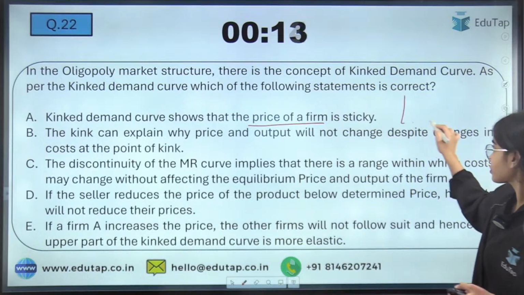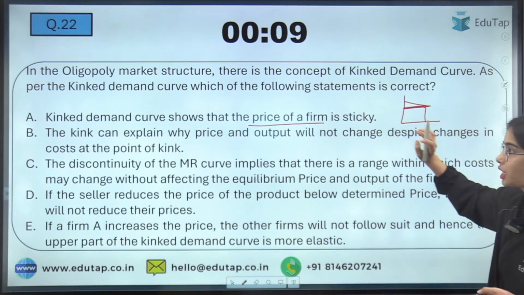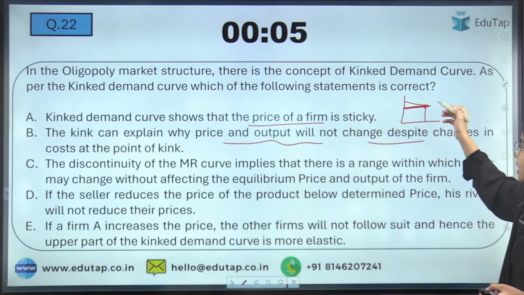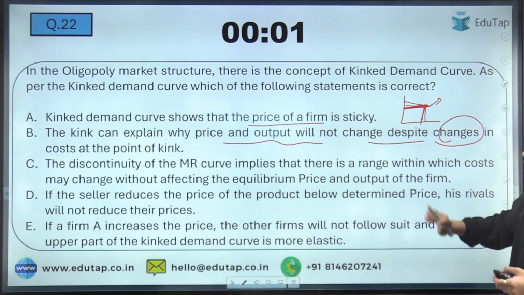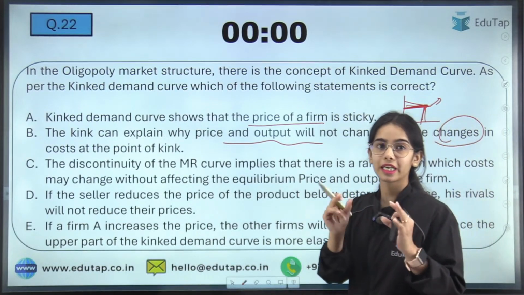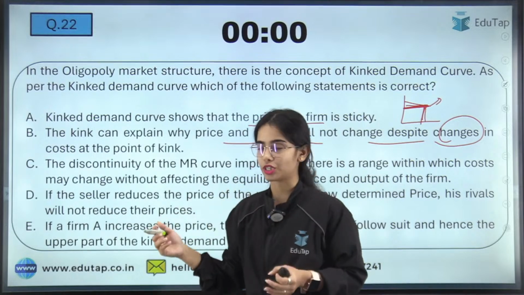That is correct. If you have a kinked demand curve, the price is sticky at the kink. So the kink explains why the price and output remain constant, even if the marginal cost is changing in the range of the kink. So this is correct.